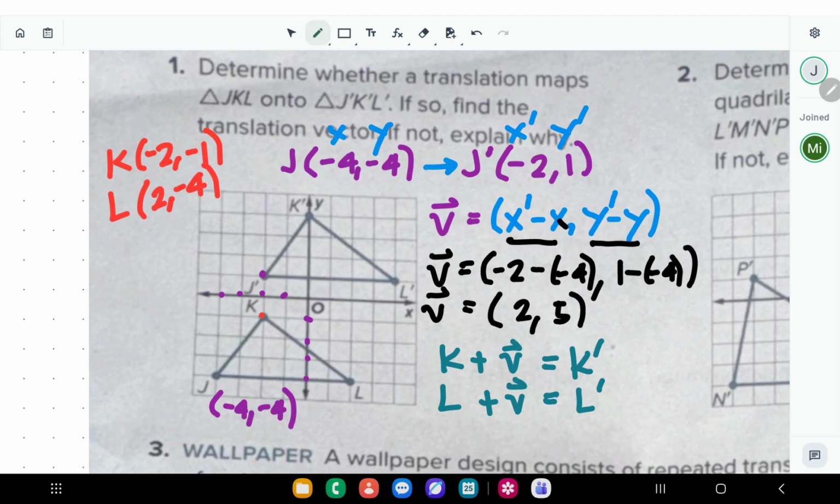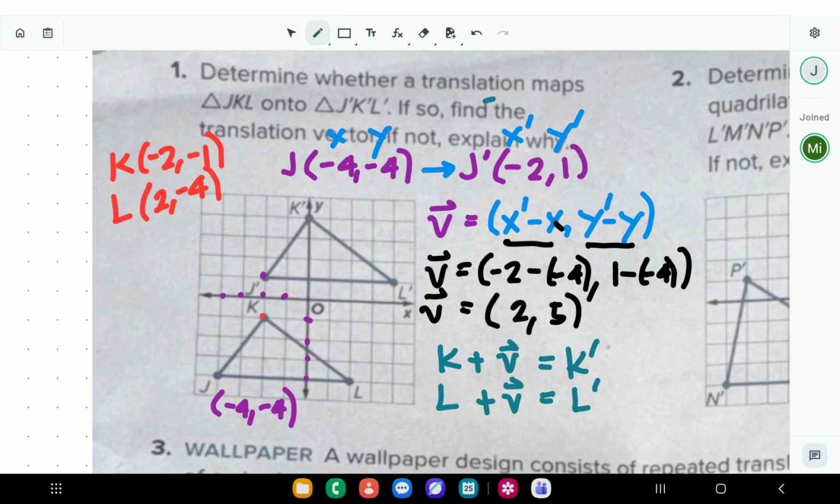If they are equal, then the translation maps the triangle. Because the question here is, determine whether the translation maps triangle JKL to J'K'L'.